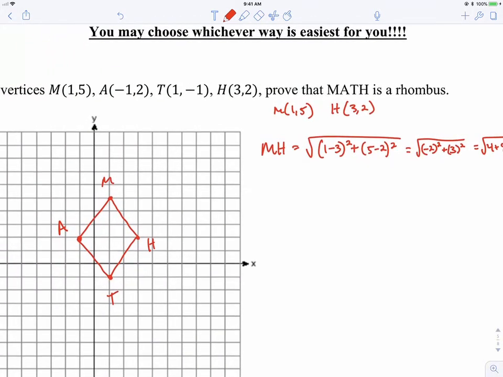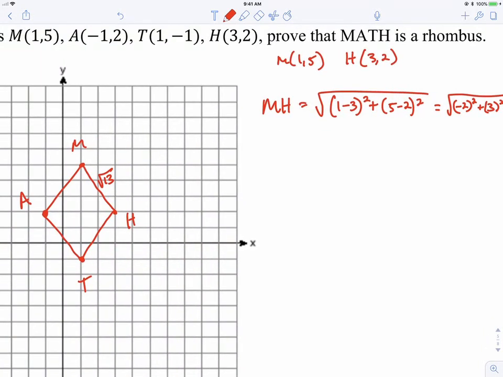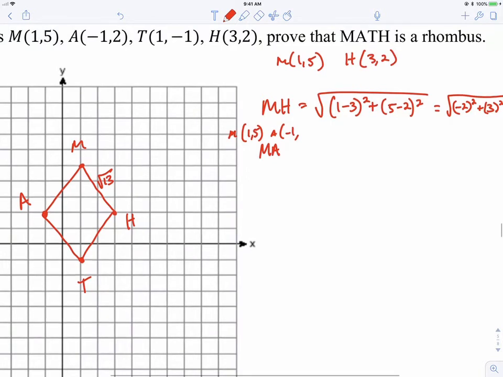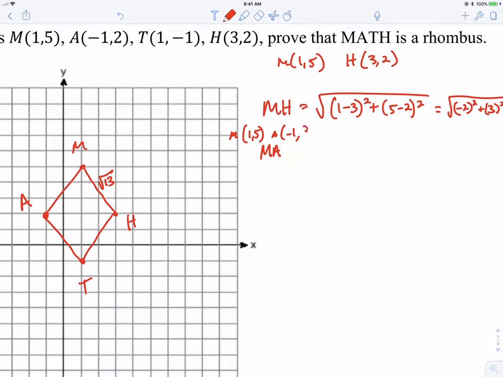Now let's do the length. I'll write it in there, square root of 13. Let's do the length of MA. So M, again, is 1, 5, and A is negative 1, 2. Buy myself a little bit of room.